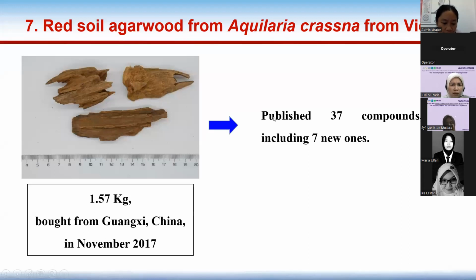And the red soil agarwood in Vietnam is very special.